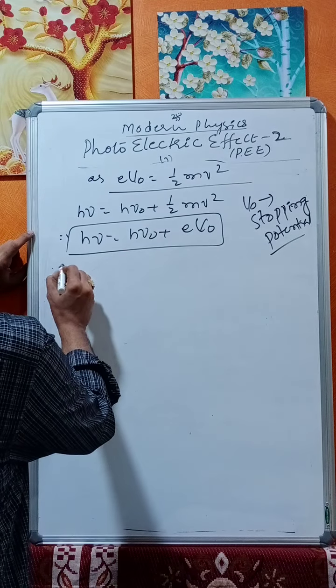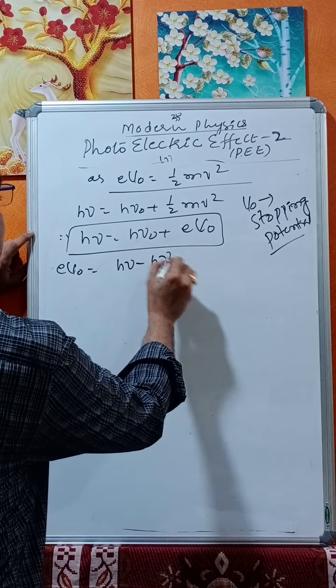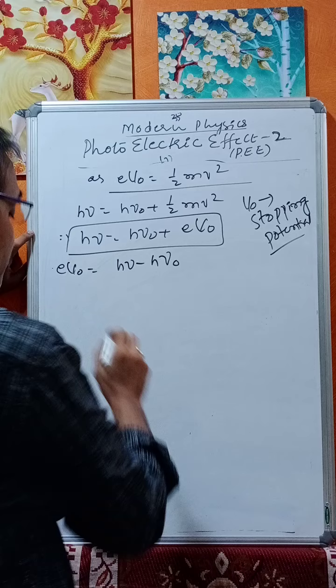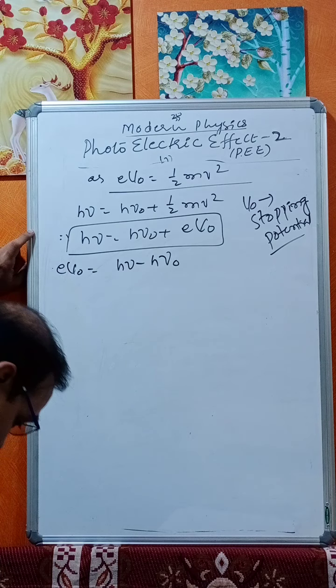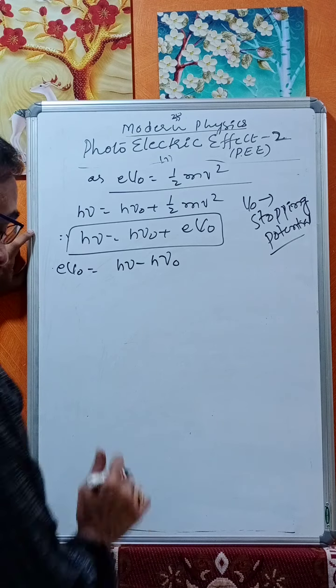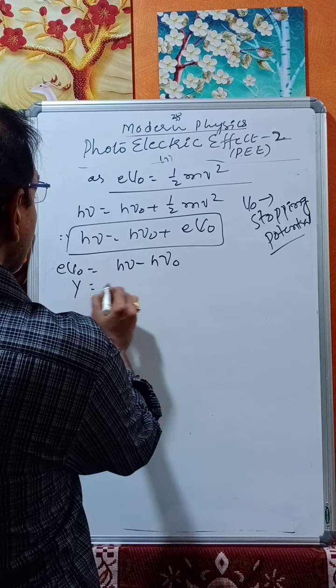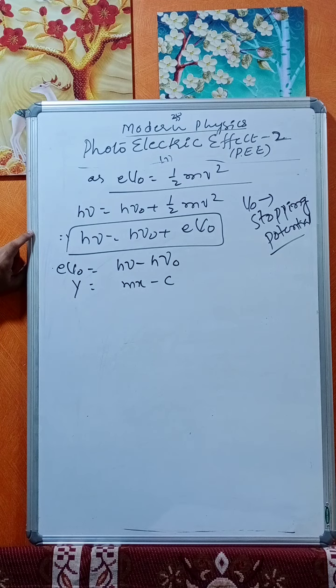Therefore, you can write this as eV naught equals h nu minus h nu naught. Here this is in the format y equals mx minus c.